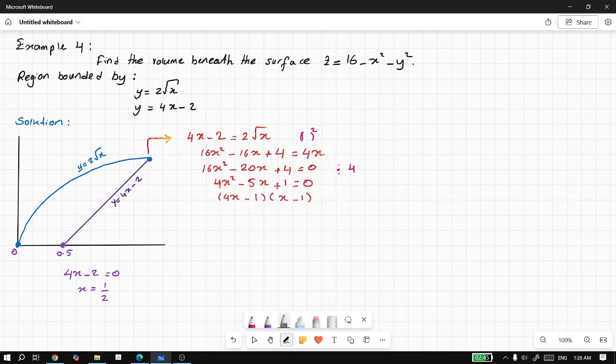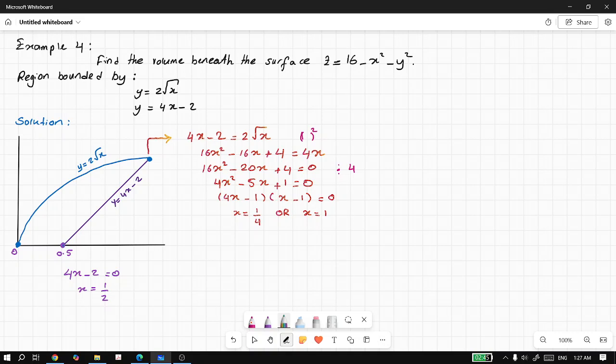Of course, knowing the conditions of how to factorize this equation that we have got, the middle part is equal to minus 5x. So from here we get x is equal to 1 over 4, or x is equal to 1.